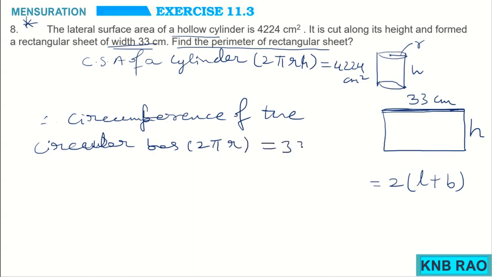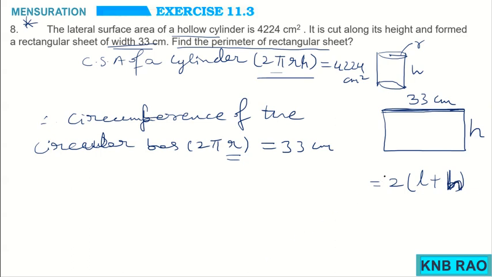If I equate it to 33 centimeter, then I'll get the value of r. The moment I get the value of r, by substituting in this CSA formula, I'll get the h. That gives h. Here that h is acting as breadth.